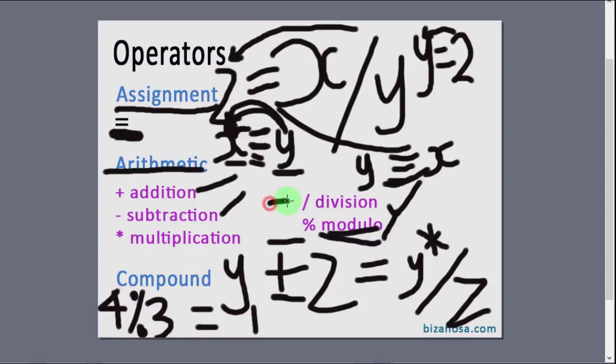Most of these are pretty easy to understand. If you want to divide, you use the slash. If you want to multiply, you use the asterisk. If you want to subtract, just use the minus. If you want to add, use the plus. I'll see you in the next video where we are going to do an example with the modulo.